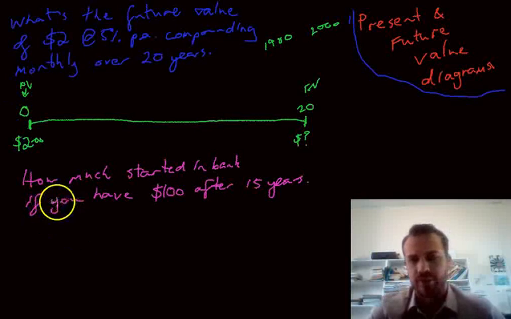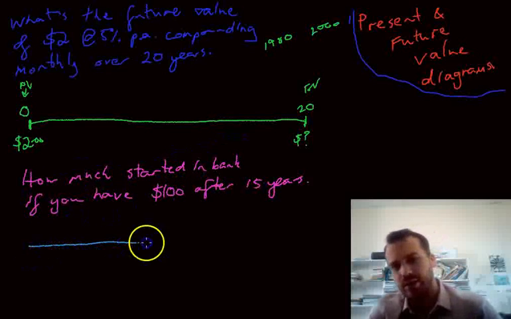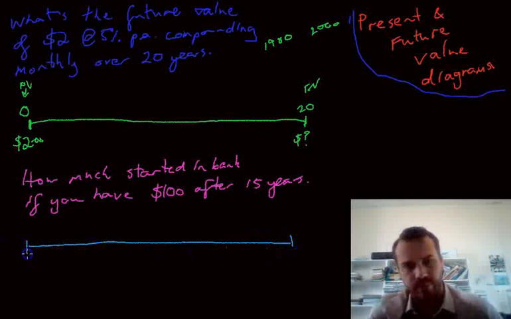Okay, here's the reverse of this question. How much started in the bank if you have $100 after 15 years? Again, we can draw our diagram. Year 0 is over here, and after 15 years, so year 15 is there. Now, we know that our future value, this is future value over on this side of the diagram, we know what that is. That's going to be $100.